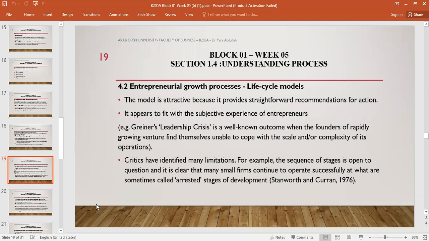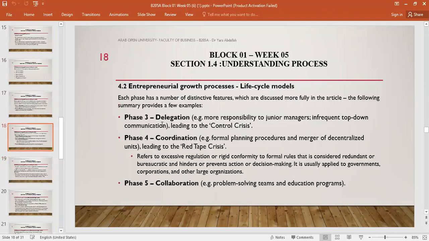If you pass through the 5 phases, you are going to find that this is a straightforward model. Why is it straightforward? It passes from one stage or one phase to another in a certain sequence. Here you cannot skip any phase according to the model.